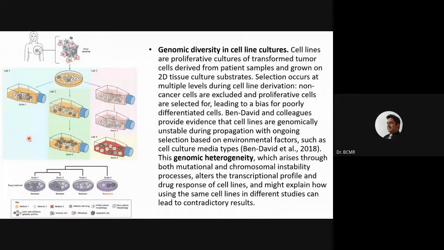So we cannot really say that what is proven in cells we can translate to humans. That is one of the complications that we have because of this chromosomal instability.